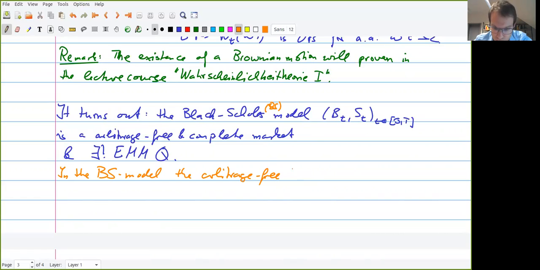So the arbitrage-free price, let's call it C Black-Scholes 0, of the call option.